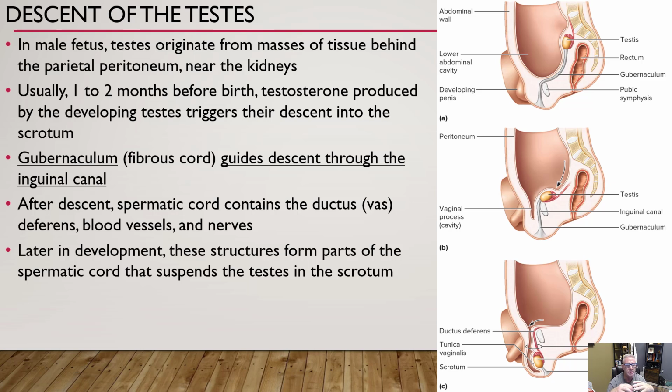But as the testes descend through the lower portion of the abdominal wall, it can create a pouch or opening in about 25% of males, where intestines can enter, producing what's called an indirect inguinal hernia.